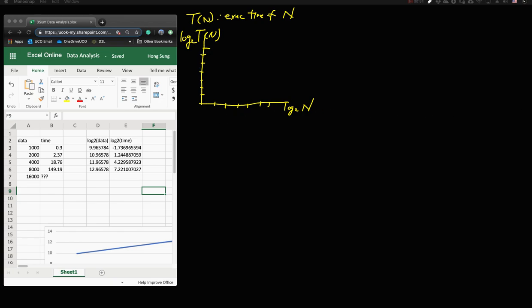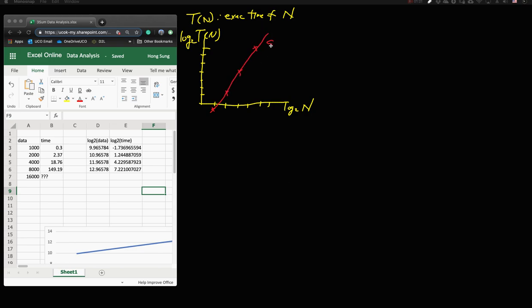Then we have 1K data marked here, and 2K data is 1 point, and then 4K is 1, 2, 3, 4, and then 7 is 8K here. So it's approximately a linear line.